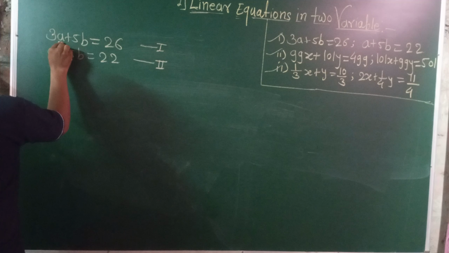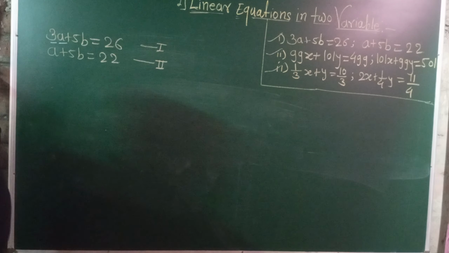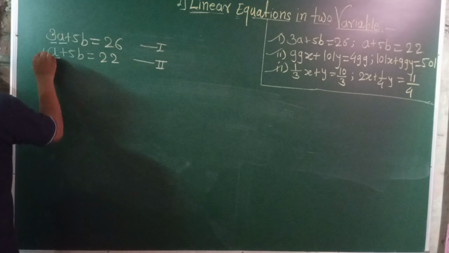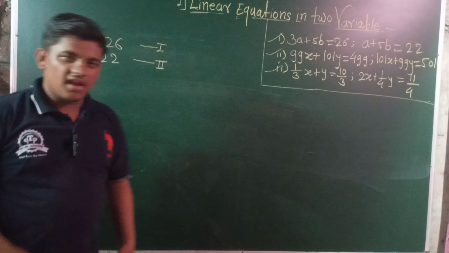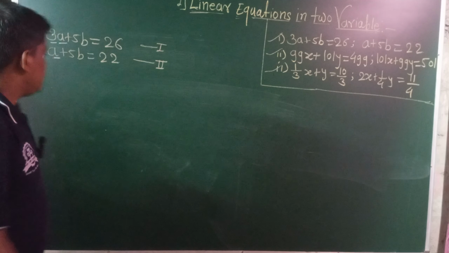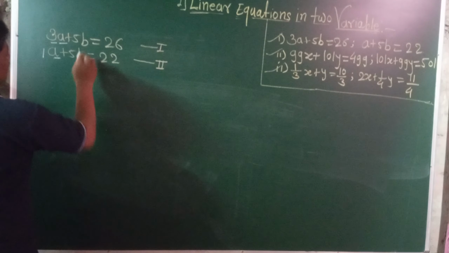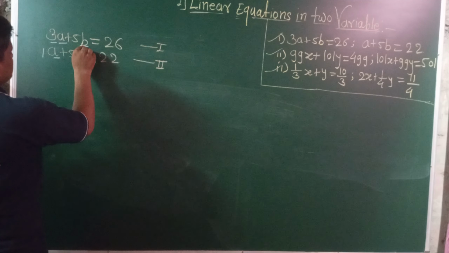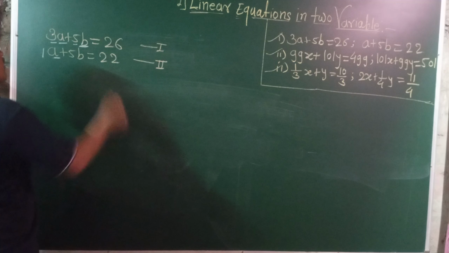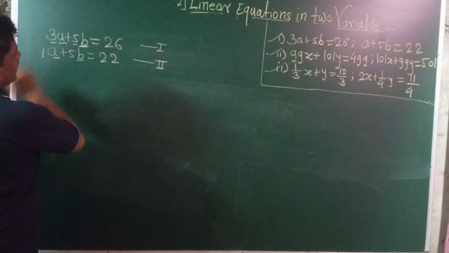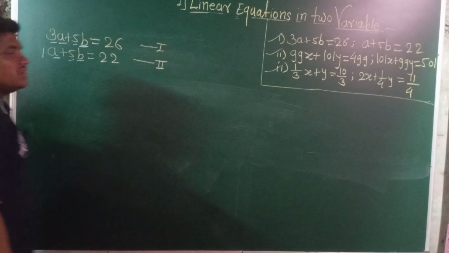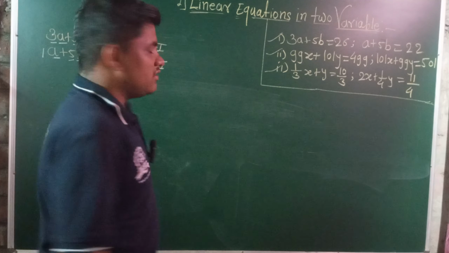In the first equation, variable a has coefficient 3. In the second equation, variable a has coefficient 1. That means they don't have the same coefficient. For the second variable b, in the first equation the coefficient is plus 5, and in the second equation variable b has the same coefficient, plus 5.